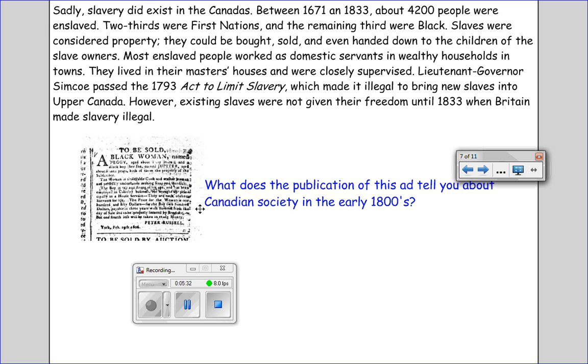And you can go on Google and get larger sized images so that you can see just how harmful these ads were. But for right now, what does the publication of this ad tell you about Canadian society in the early 1800s? Something we'll talk about tomorrow.